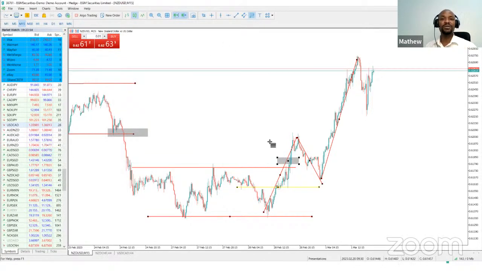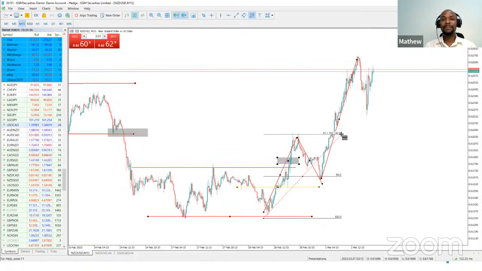I'm considering this move here. I take a Fibonacci from down here all the way up here. Because I mostly use smart money concept for my entries, look at how it went. The price pulled back all the way to around 50%. That's where we got an entry to the upside.